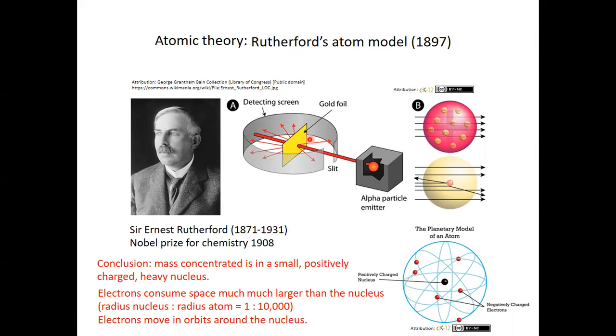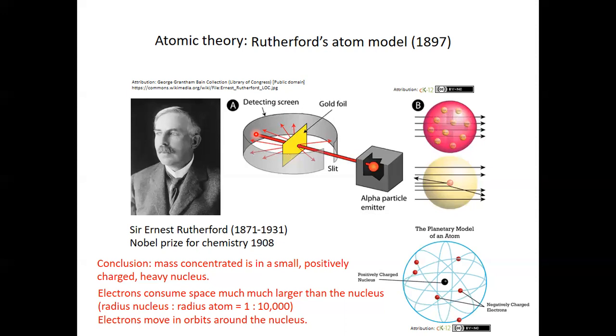If they passed relatively close by, they would be deflected because the alpha particle, as well as the nucleus, would have the same positive charge. But most of the alpha particles would just go straight through just because the atom would be mostly empty space, and the electrons would be located as small particles within that otherwise empty space.